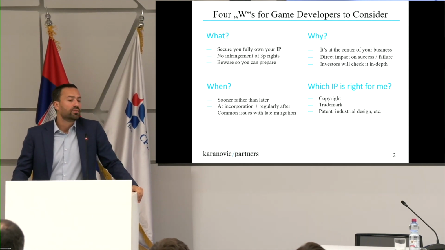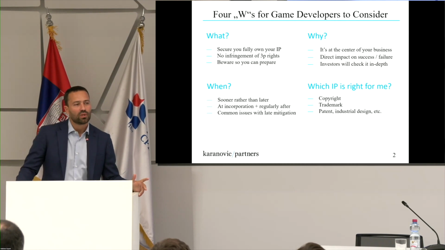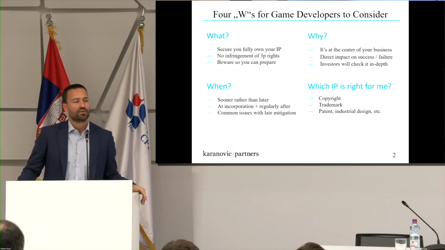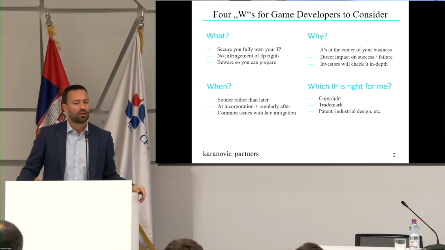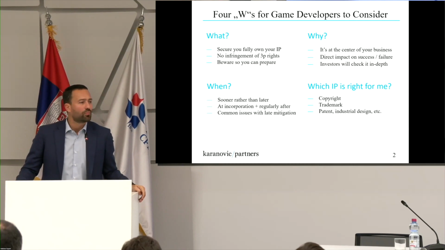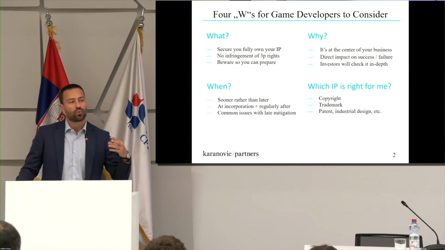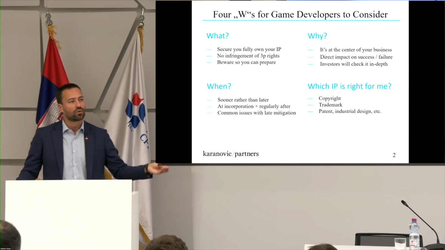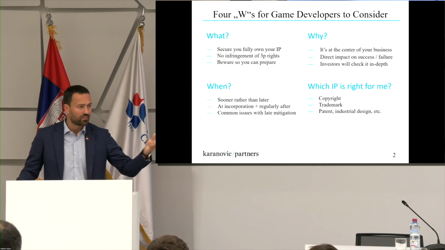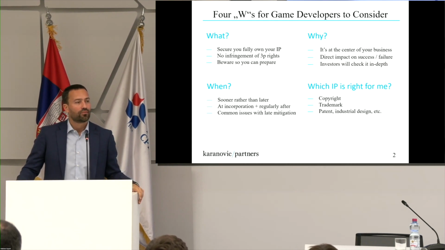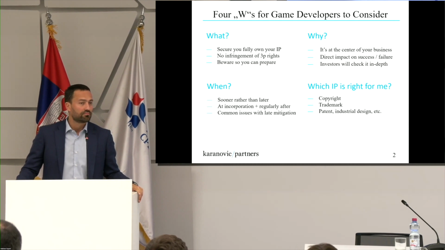Oftentimes, the IP deficiencies that we detect together with the colleagues we work for have a direct impact on the price that you achieve. Sometimes it results in, for example, a larger portion of the price being put into an escrow account to secure for any losses that may occur for the purchaser in case the deficiencies are more serious.